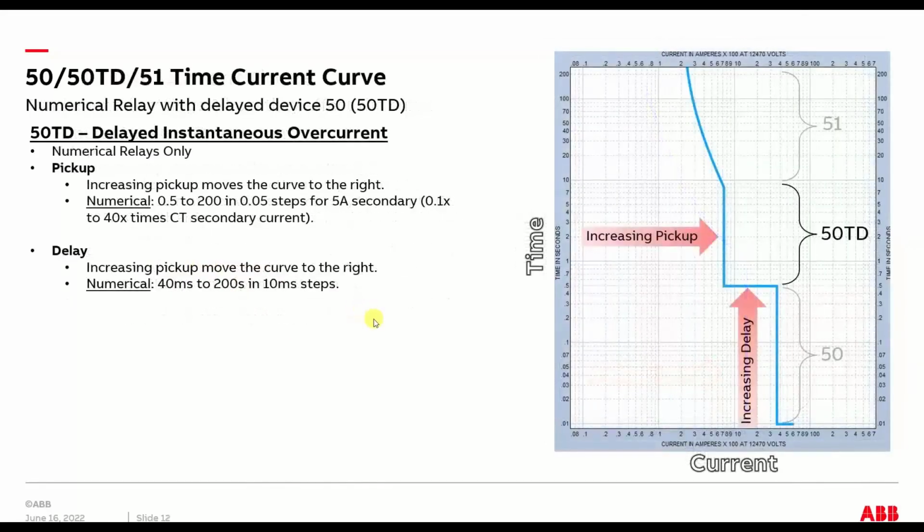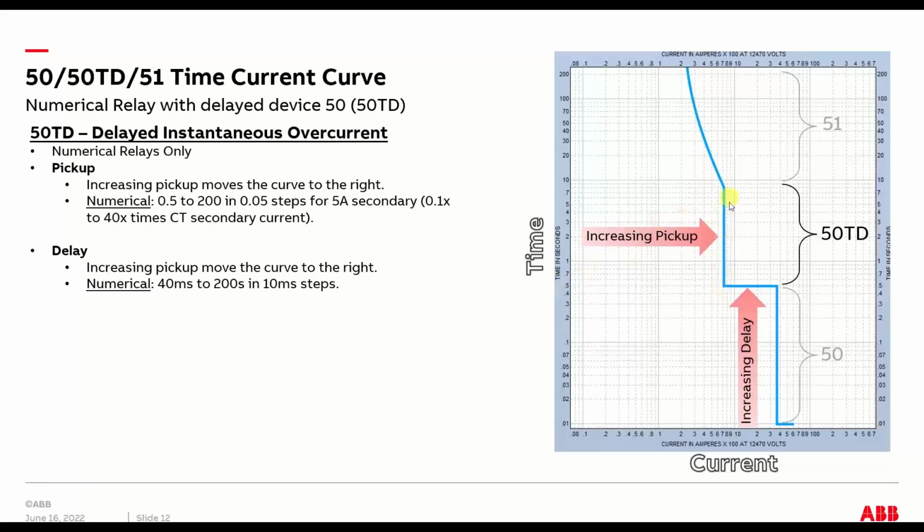And then just to add a little more interest, in the numerical relay world predominantly, they added something called a delayed instantaneous, which is sort of counterintuitive, but it's very handy when you're coordinating relays, especially with low voltage devices, because it gives you a second level.